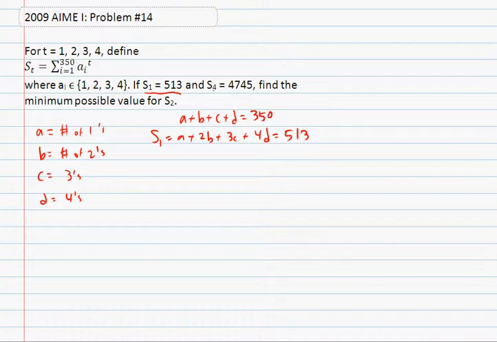We're also given that S sub 4 is equal to 4,745. So that means a plus 2 to the 4th, which is 16 times b, plus 3 to the 4th, which is 81c, plus 4 to the 4th, which is 256d, equals 4,745.